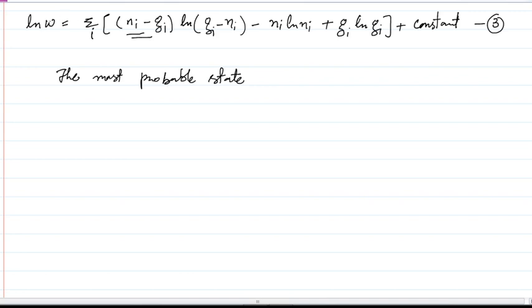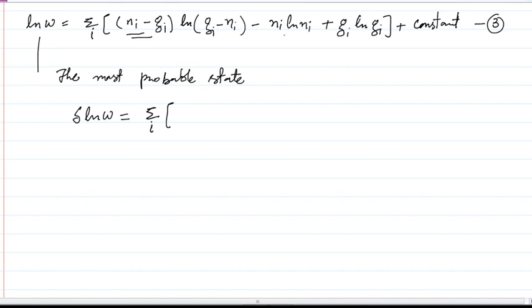So that means if we differentiate this term, differential of ln of W will be simply equal to 0, because if we make the first derivative equal to 0, we are actually maximizing a function. So we will write summation of I, and differentiating this with respect to Ni, it will be equal to 1. This is with respect to Ni, it will be equal to 0, so it will remain as such.